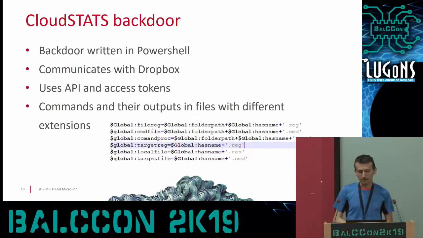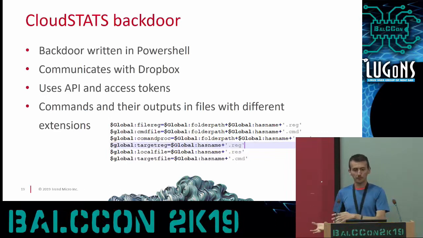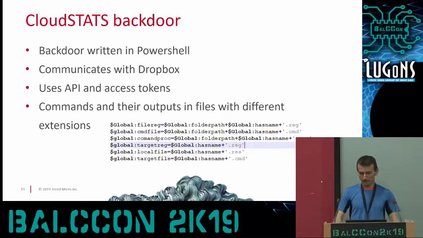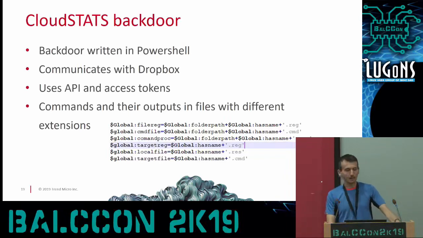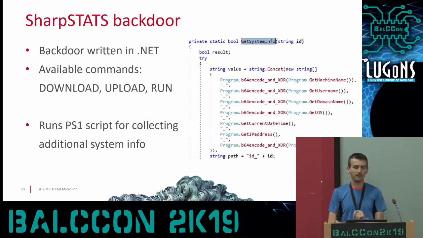For example, if the file is .rec, it's the registration information sent from the victim to the CNC server. .cmd is uploaded to Dropbox by the malware botnet operator, and the victim machine downloads and executes it. And .ris is the result of the command, which is again uploaded to the cloud. It was quite interesting. And of course they have API tokens, access tokens, and after reverse engineering you can obtain them and monitor what commands are there, if they haven't been deleted.